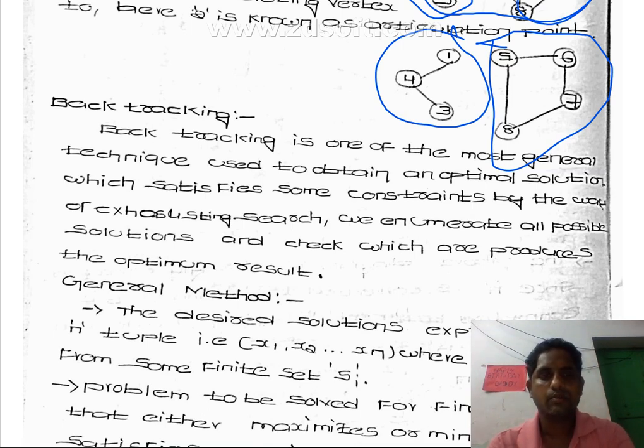We enumerate all possible solutions and check which produces the optimal solution. So with the constraints, whatever possibilities there are, we use all of them to find the optimal solution. Okay?